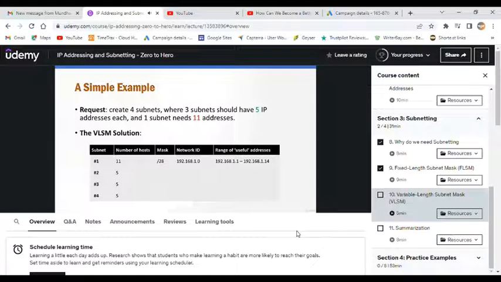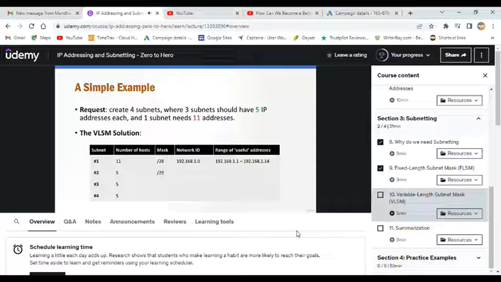Now let's determine the mask for the second subnet. The second subnet, just like the other two, needs only 5 IP addresses. So we can give it /29 because that gives us 3 bits for the host portion, which means we can create 2 to the power of 3, which is 8, different IP addresses.